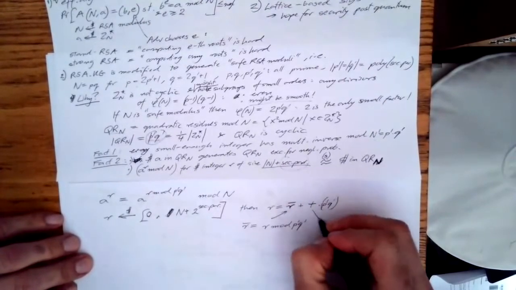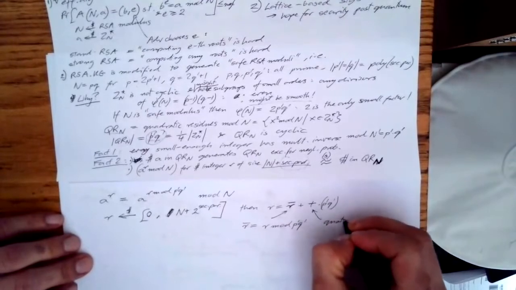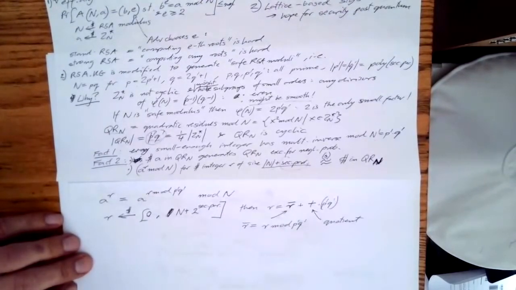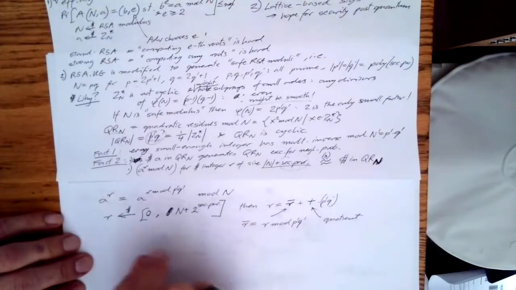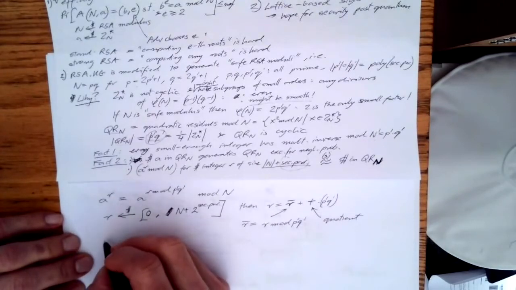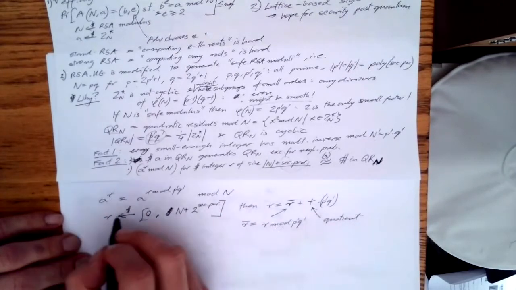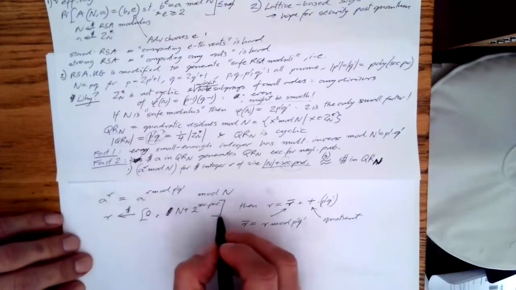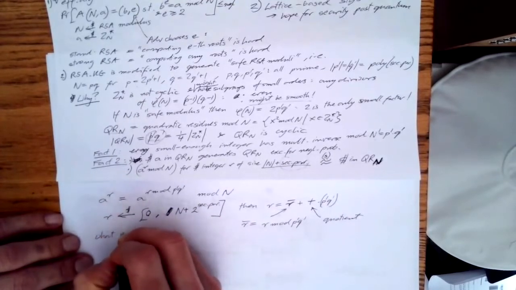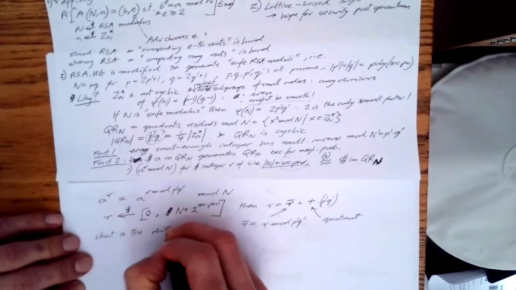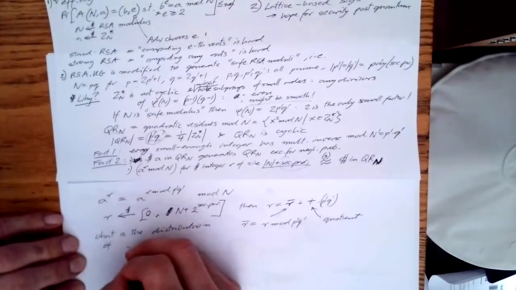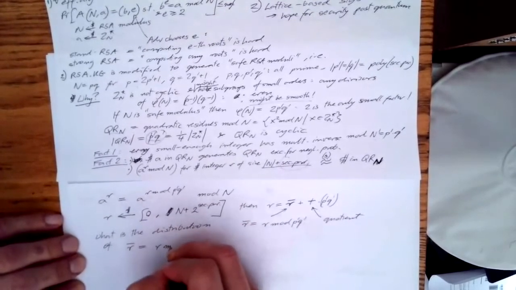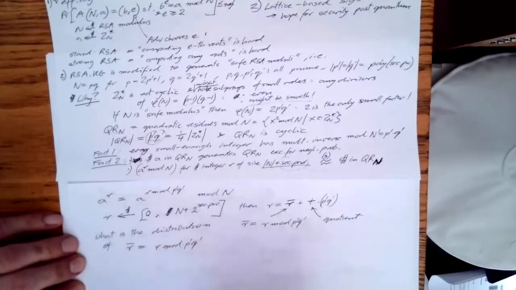So this is the remainder, and this is the quotient. This is always the case, and the question is, what is the distribution of r hat, which is r mod p prime q prime, if you take an integer from this range?